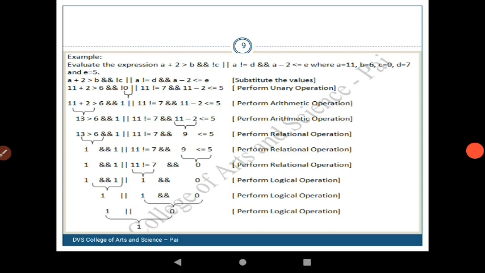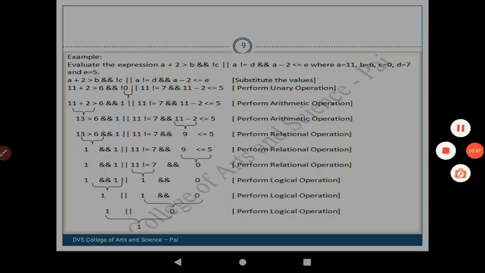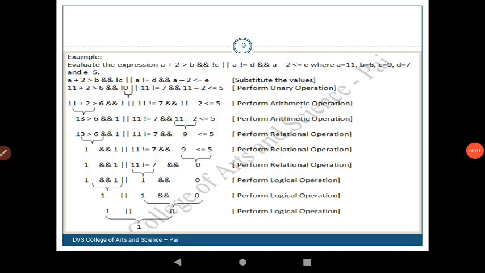Now we need to perform relational operation once again because we have got one more relational expression left in our problem, that is 11 not equal to 7. The result of 11 not equal to 7 will become 1 because 11 is not equal to 7, which is true, and hence the result will be 1.